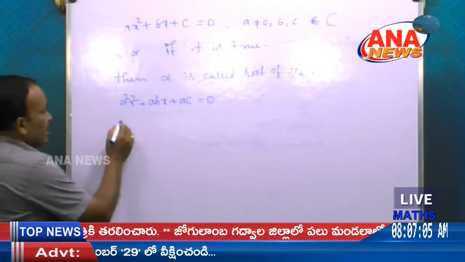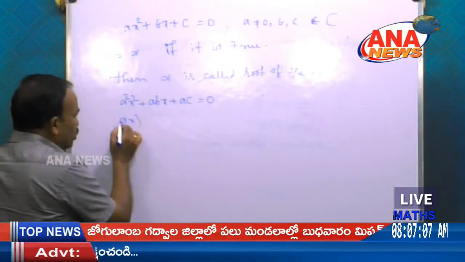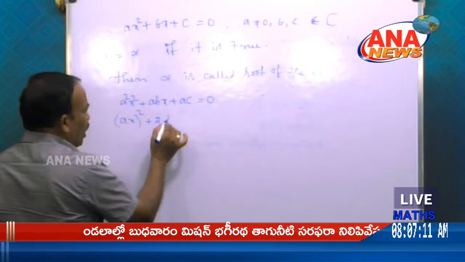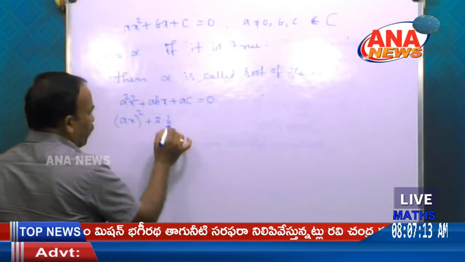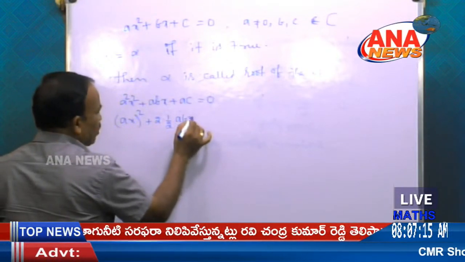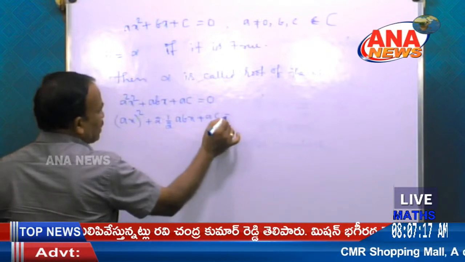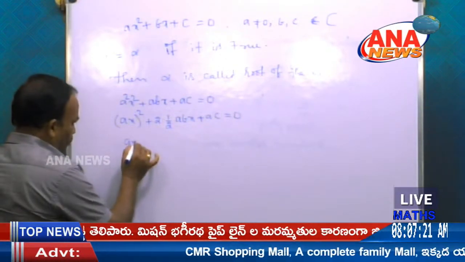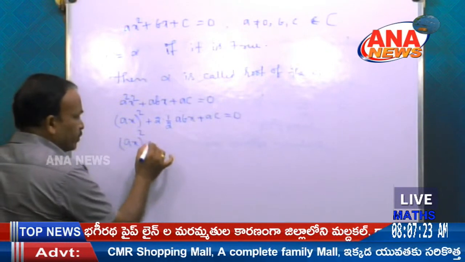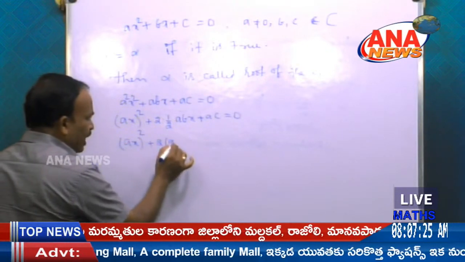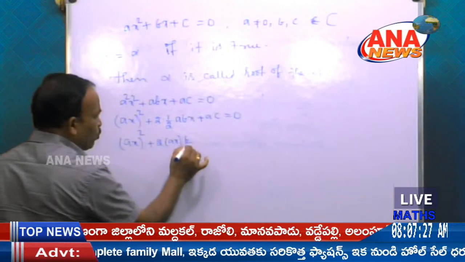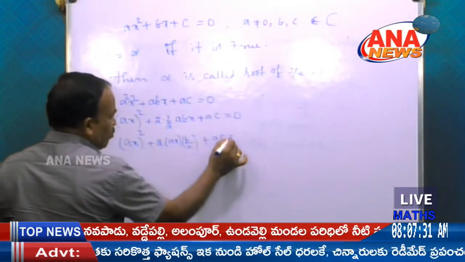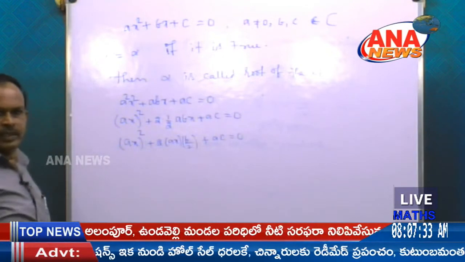See, this is ax whole square plus 2 into 1 by 2 into abx plus ac is equal to 0. This one can be written as ax whole square plus 2 into ax into b by 2. Clear? Plus ac is equal to 0.